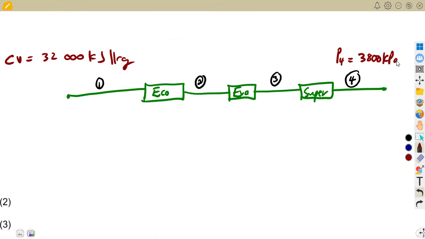And the temperature, T sup, the temperature for the superheated steam, is 298 degrees Celsius. But this pressure is the same as our boiler pressure, so P3 is also 3,800 kilopascal. All right, so this is what we have from the first part.